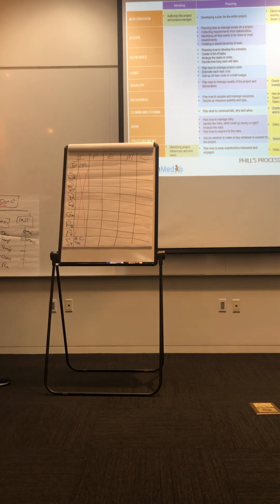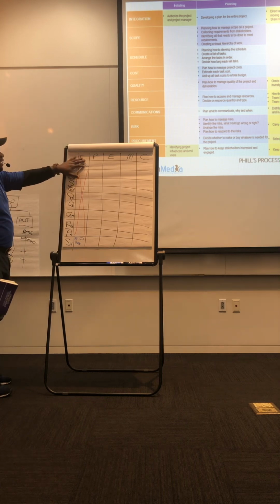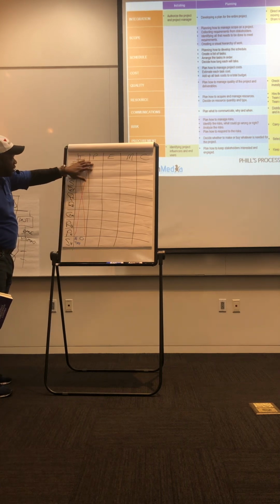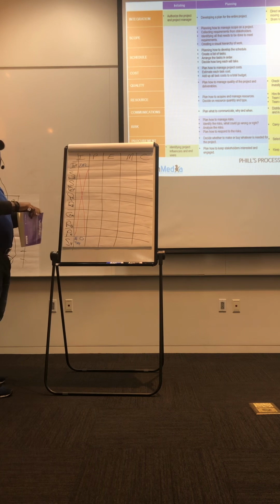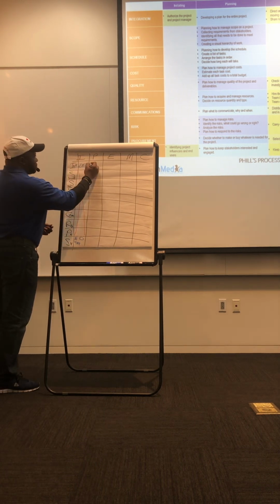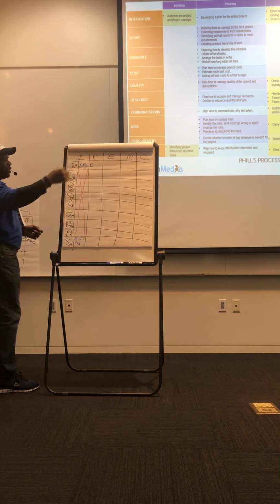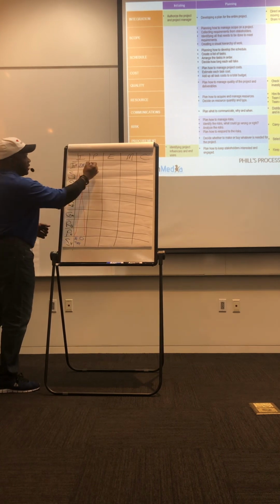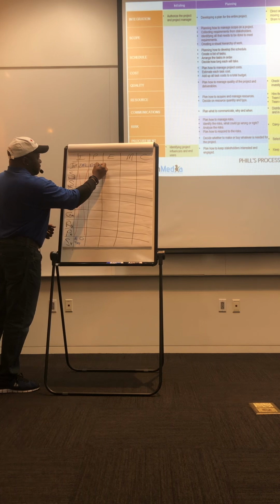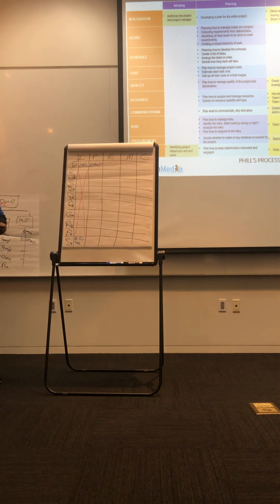Now, if you move into planning, in planning we have a number of things we do in planning, but I'm going to be very quick about it. In planning, you develop an overarching project management plan. So we say, develop project management plan. And your project management plan is a container for everything that you plan.